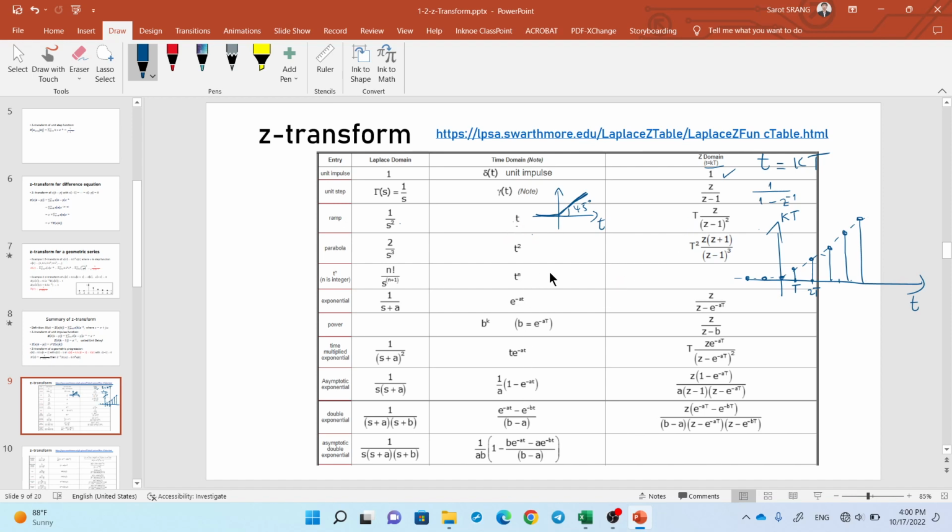Here are some special functions like t squared, t to the n, exponential of at, and so on and so forth, right? And if you look at the right hand side, on this column, you can see that you always have a polynomial function on both numerator and denominator.